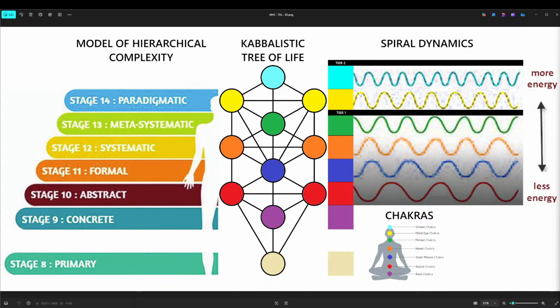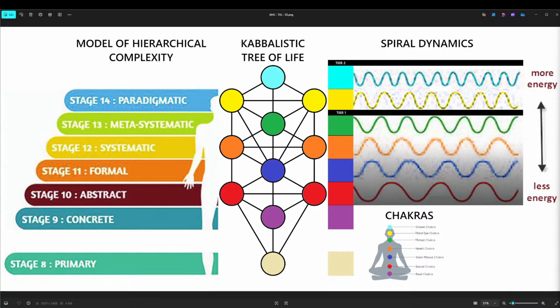Like Jesus said in the Bible, the kingdom of heaven is within. If you think about these as quote unquote higher and lower levels, then the kingdom of heaven is within would be green, yellow, and turquoise, which are the quote unquote spiritual levels.